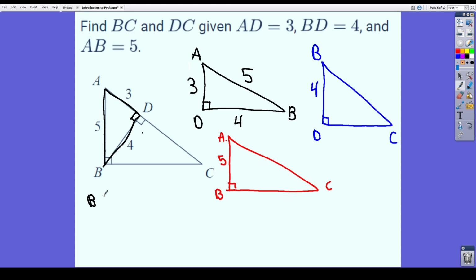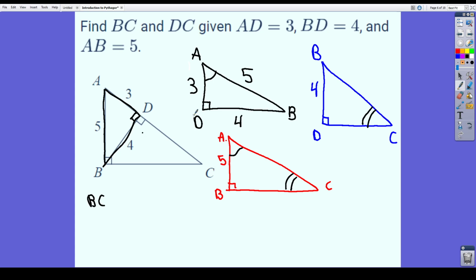Well, I know that all these triangles must be similar. Why? Because, for example, ADB and ABC both have a 90-degree angle, and they both share the angle A, right here and right here. So ADB is similar to ABC. In addition, I know that BDC is similar to ABC because they both share an angle at C, and they both have a 90-degree angle.